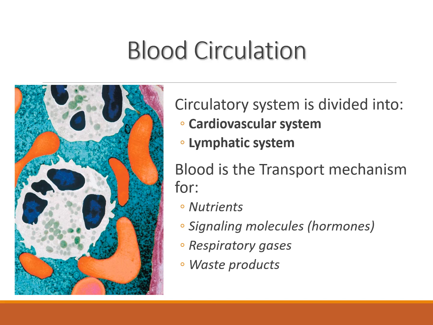So carbon dioxide is a respiratory gas, but it's also a waste. We also have other wastes. Just normal metabolism in our cells is going to produce a bunch of waste. So we have to get rid of that somehow. So the blood is a way of transporting that waste to the certain organs that are going to get rid of that waste, such as a big one would be the kidneys.